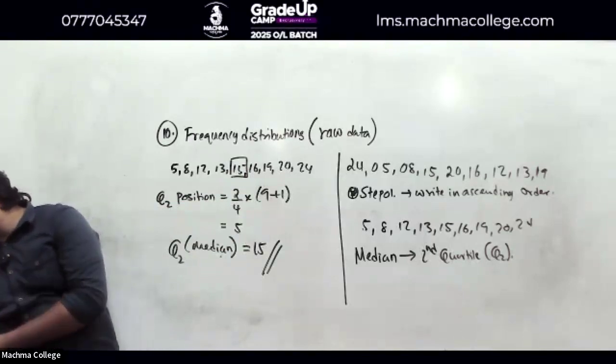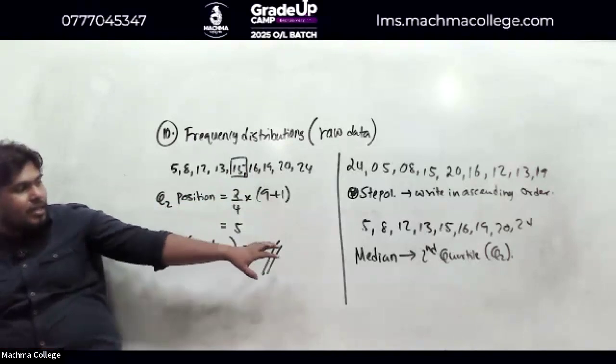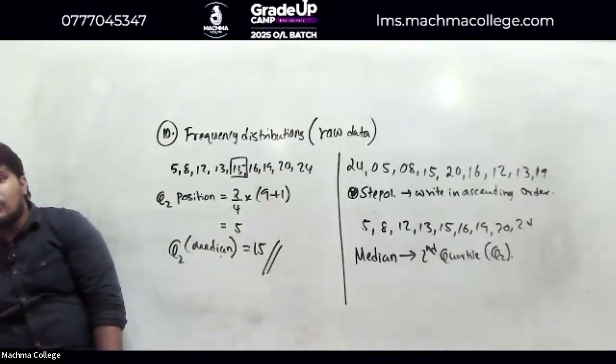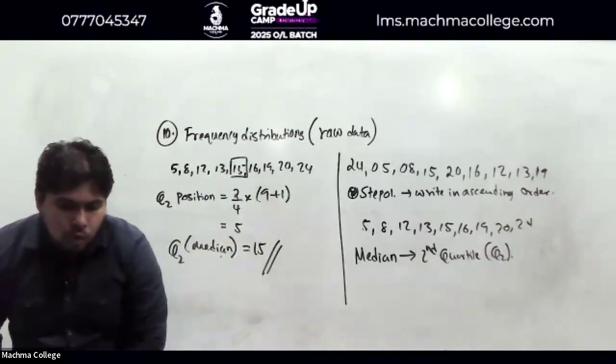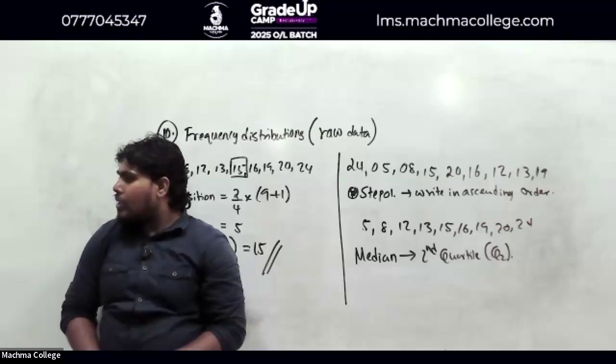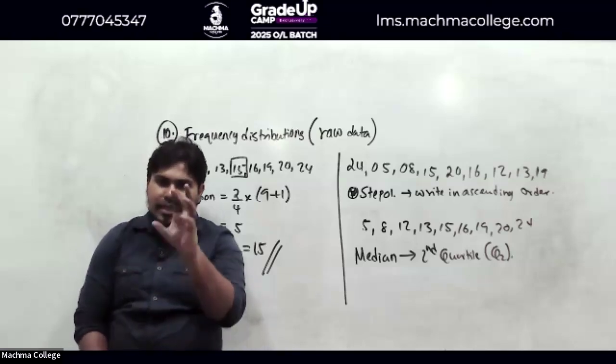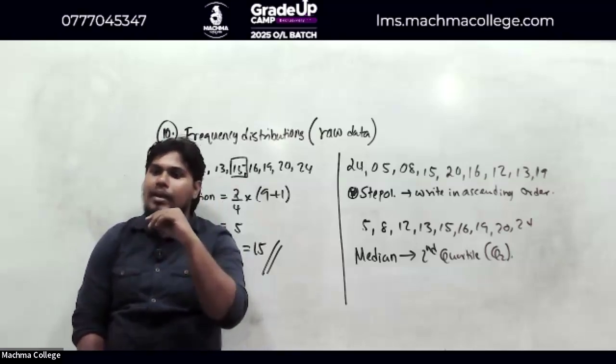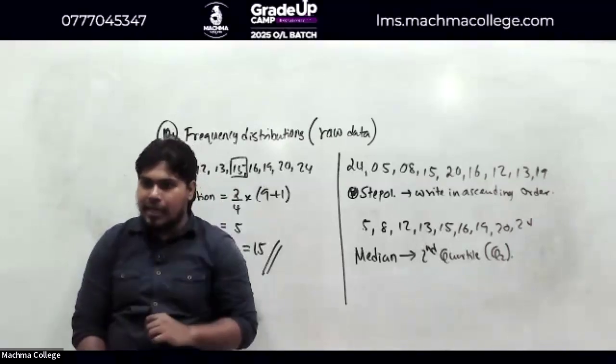What's the part you did not understand? I will explain that particular point. Median means the second quartile. If they ask you to calculate the median using quartiles, remember that calculating the second quartile will automatically give you the median of the raw data set.